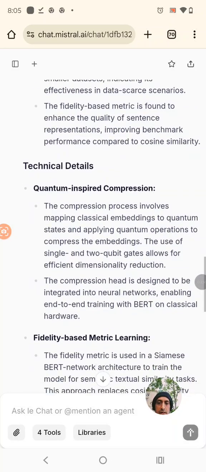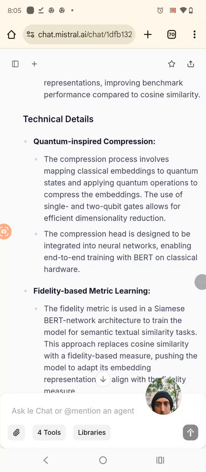So look at the technical details here. Quantum inspired compression, how are they doing this? It involves mapping classical embedding to quantum states and applying quantum operations to compress the embedding. The use of single and two qubit gates allows for efficient dimensionality reduction. The compression head is designed to be integrated into neural networks, enabling end-to-end training with BART on classical hardware.